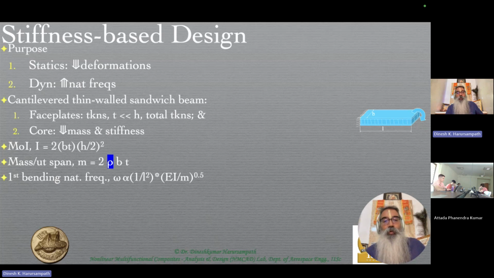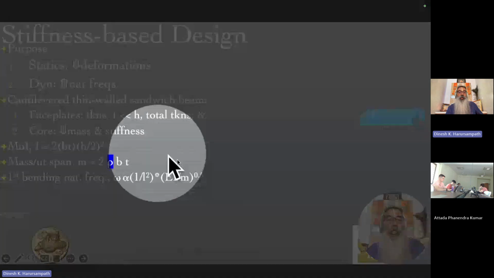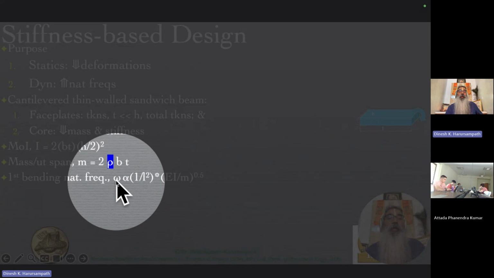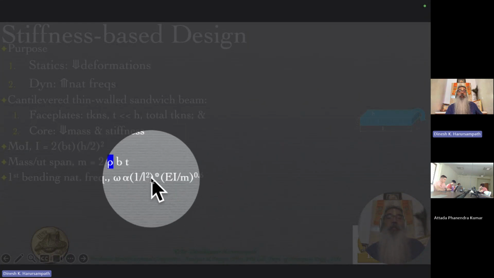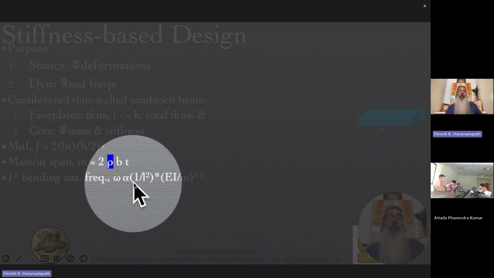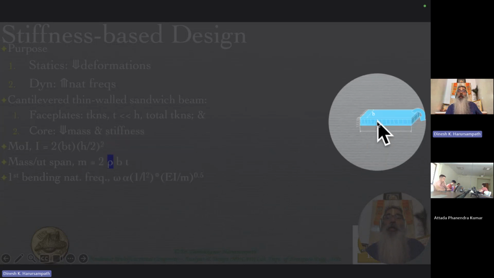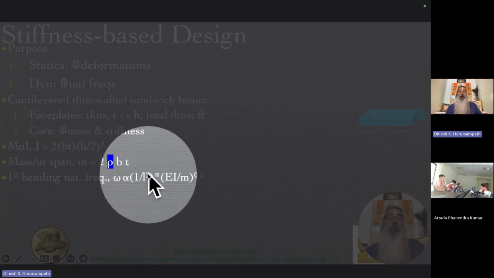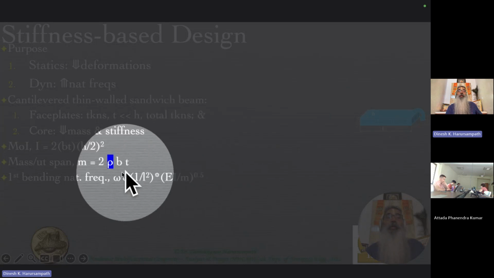So what we are interested in here is the natural frequency omega. And instead of giving an equation which involves many other parameters, we take only those parameters of interest to us over here. The first factor is 1 by L, where L is the length, and that is not L by itself, but L squared.